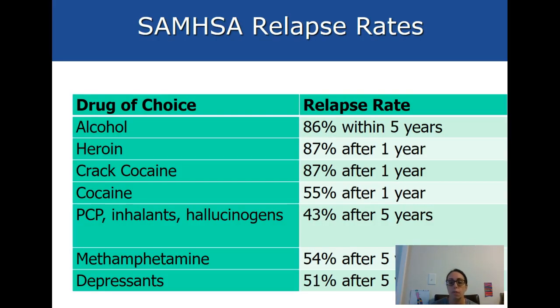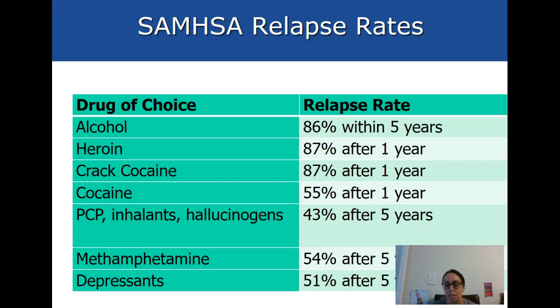I want to start off by talking about some SAMHSA relapse rates. And this is important because individuals enter into treatment centers, for lack of a better word, often relapse.